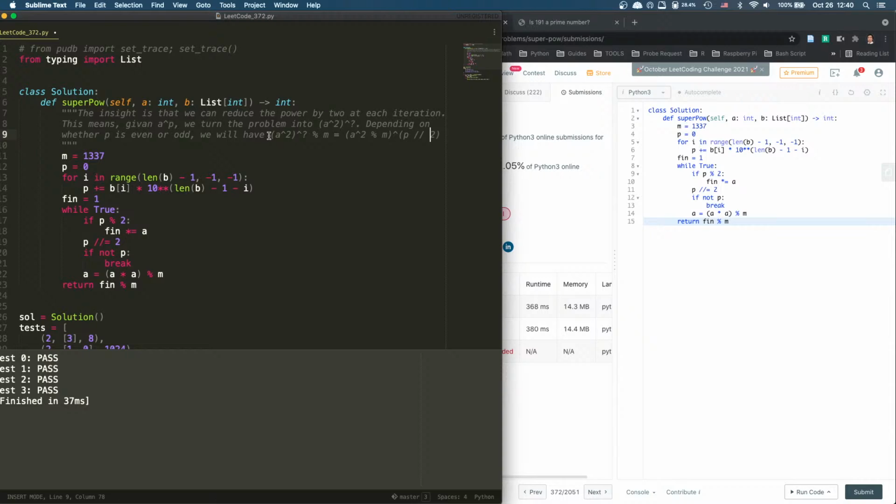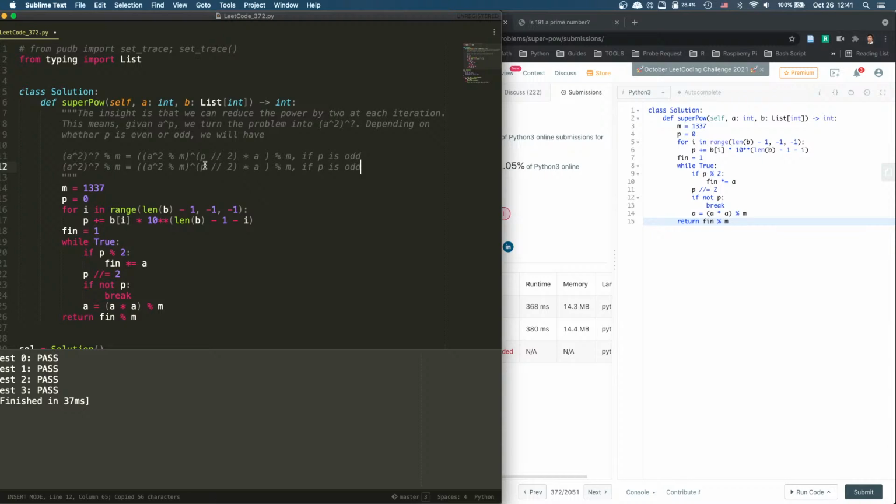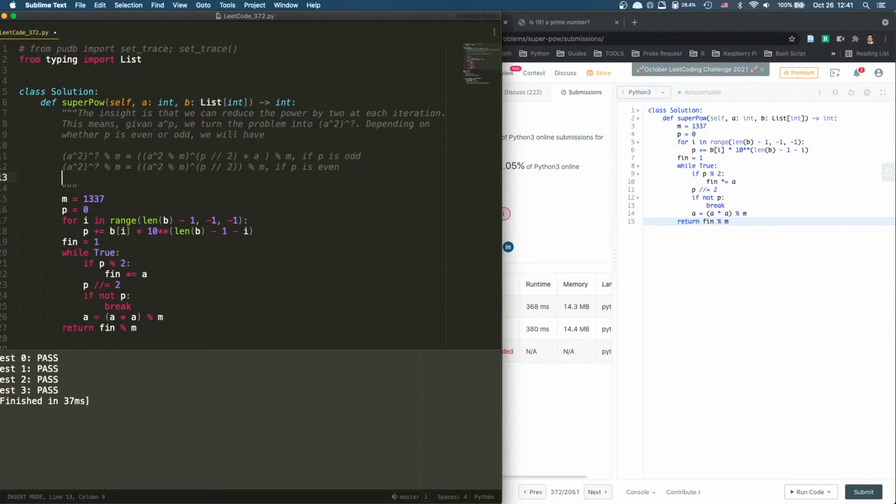Actually, I have this divided by 2 times a, and this whole thing mod m if p is odd, or mod m if p is even, right?